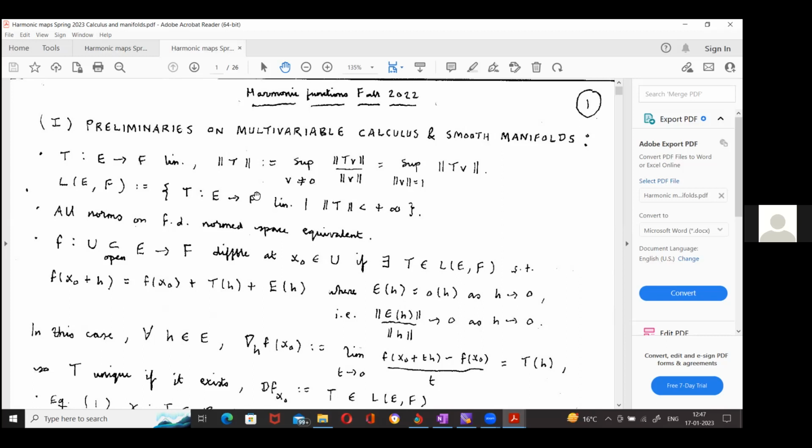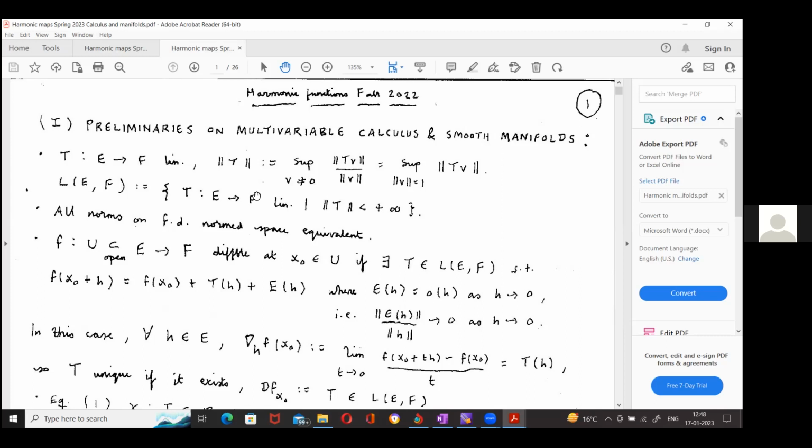It turns out that if E and F are finite dimensional normed spaces, then any linear map between them is bounded.